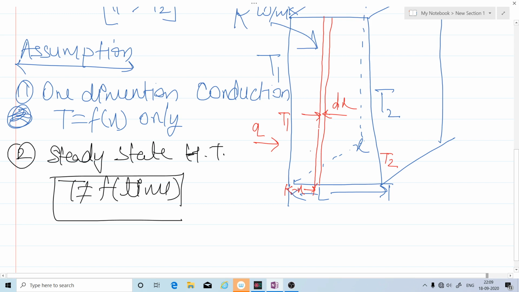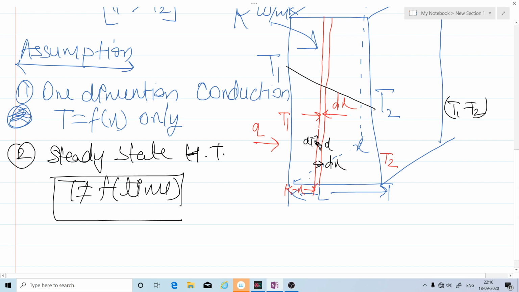Now, through this small section, the temperature drop will be very small. Let's say a drop of dT takes place. While if we look at the whole slab, there is a temperature fall of T1 minus T2. If we look at this small section, there will be a temperature fall of dT, and the width of this section is dx.